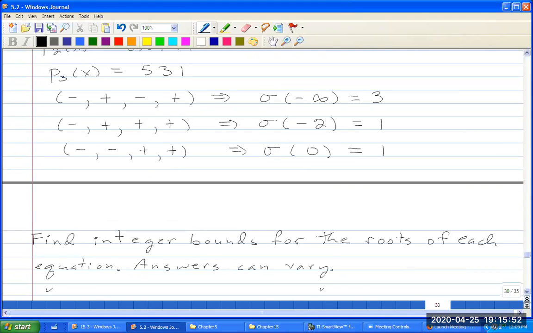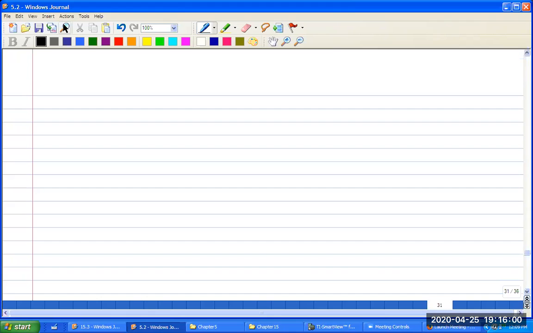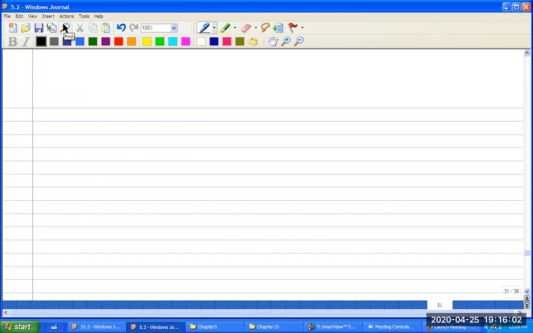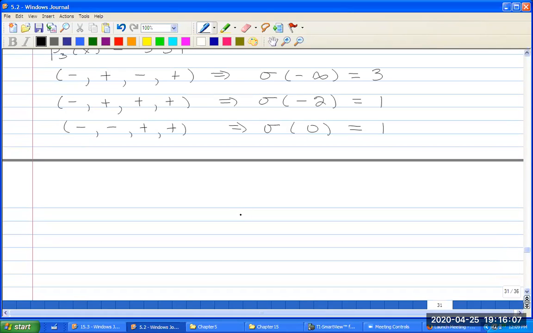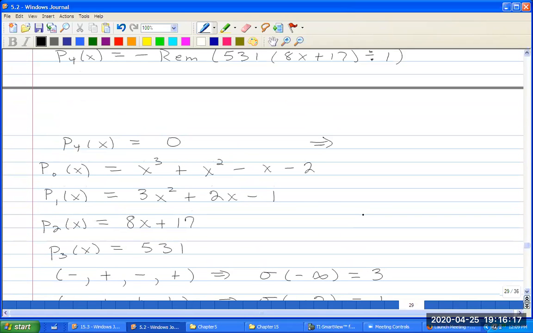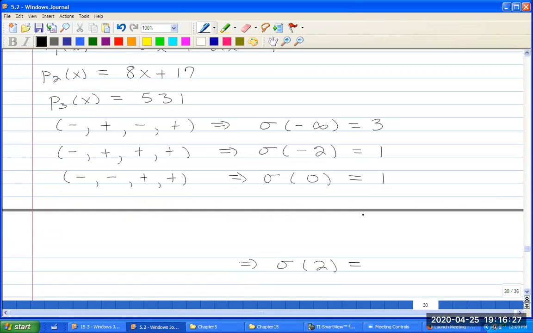Let's look at, let's go up to 2 again. Let's insert another. So let's do it at, let's say 2. I don't know, is there going to be a root at 1, possibly. Okay, so let's do 2 still.